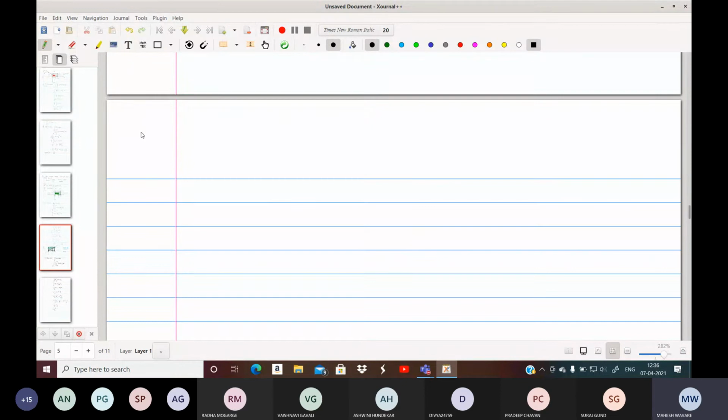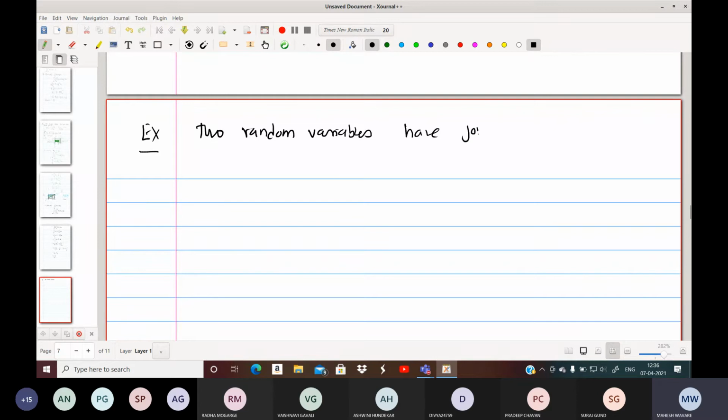So let us have another example. Two random variables have the joint density function given by f of xy equal to k into x square plus y square.